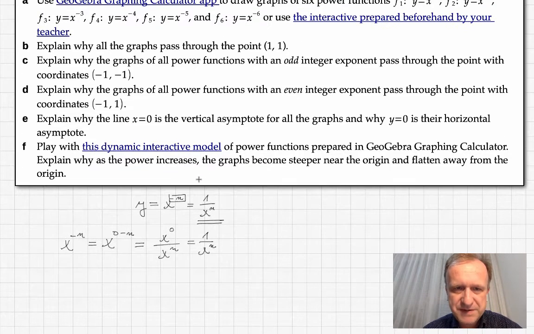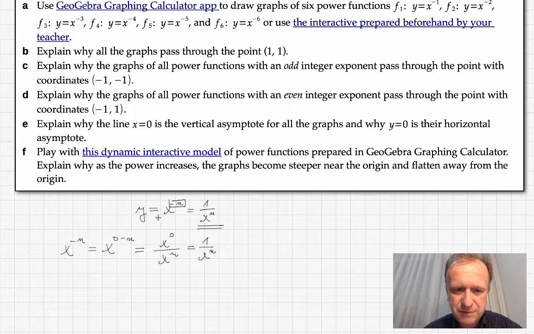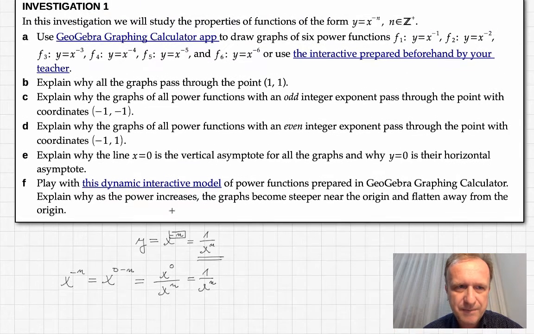Okay, so we are studying now the functions in a form y equals 1 over x to the power of n, or you may understand them as x to the power of negative n.